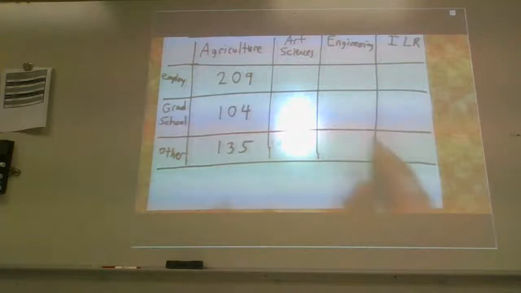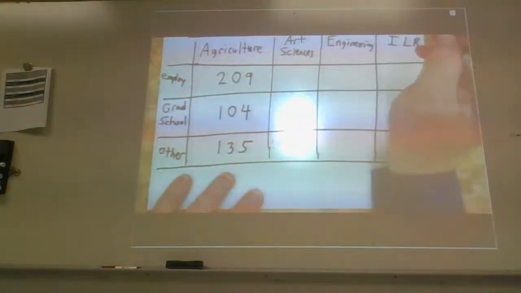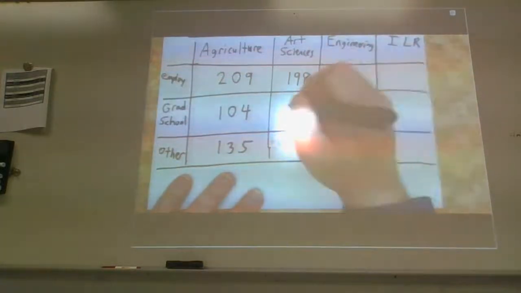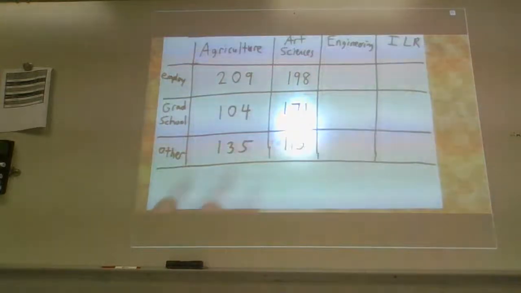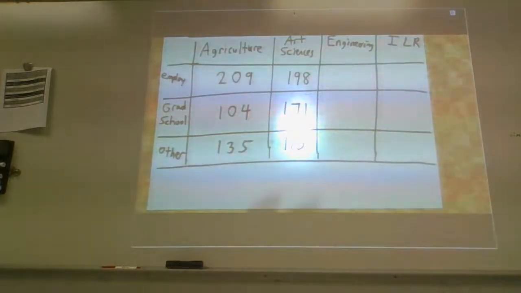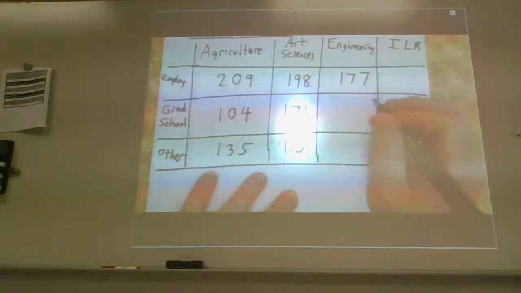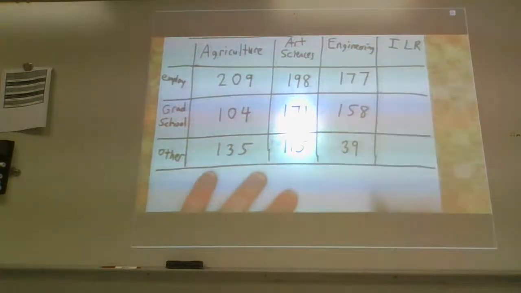Cool, all right. Arts and Sciences, which I guess would be mine. There were 198, 171, and 115. In engineering, there were 177, 158, 39.